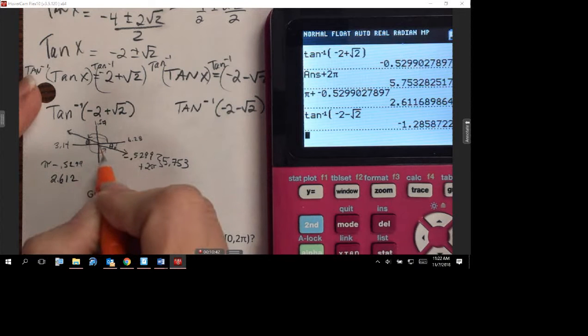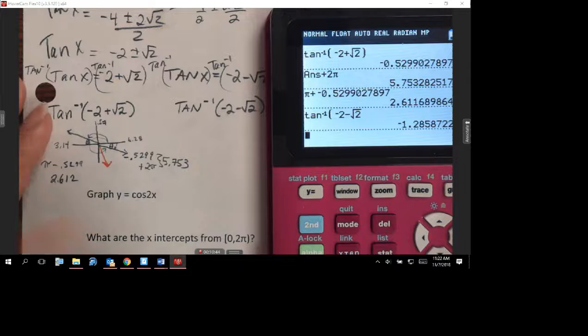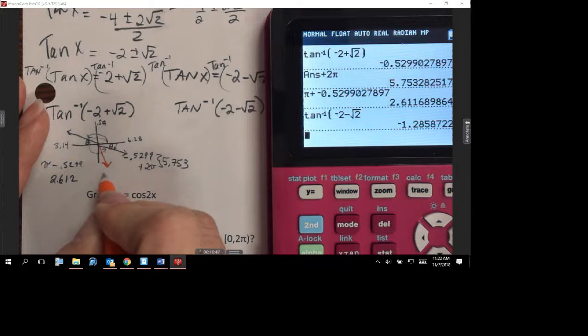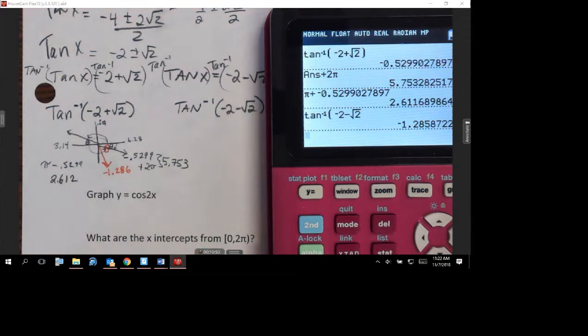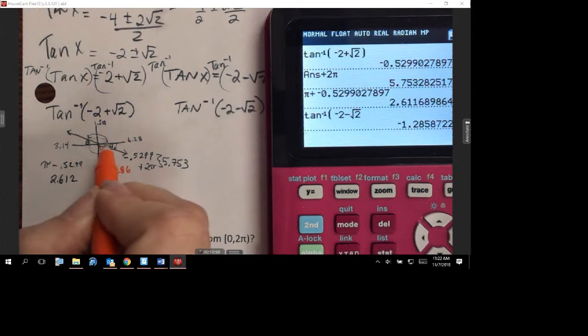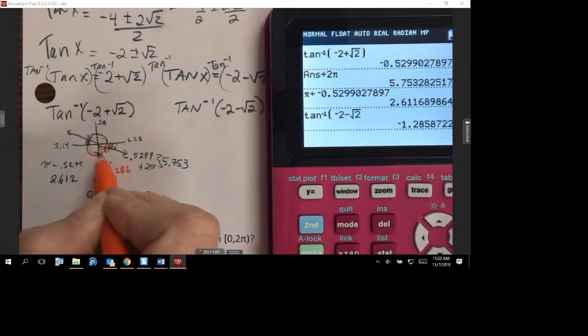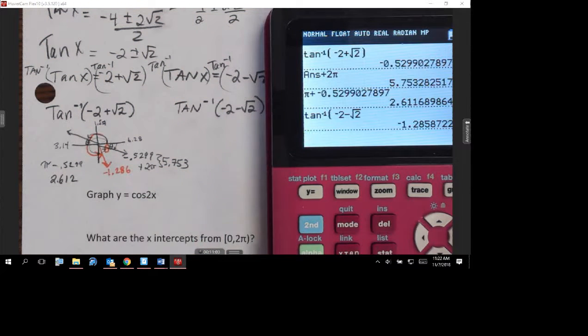It's about here. And then theta, our reference angle, is just 1.286. But I need to know, starting at 0, counterclockwise, what the angle is to get there.